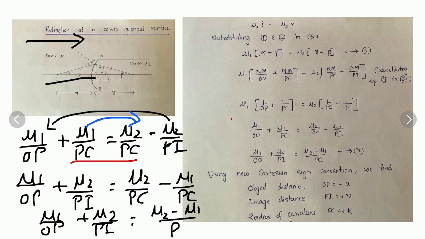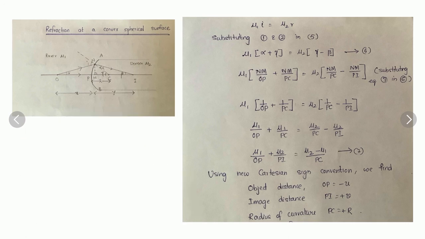Therefore, according to Cartesian sign convention, OP is equal to minus U. Pi, which is in the direction of the incident light, we take from left to right, that is Pi is equal to V. Then Pc is the radius of curvature, equal to plus R. That also we are measuring from left to right. Okay, so let us continue.